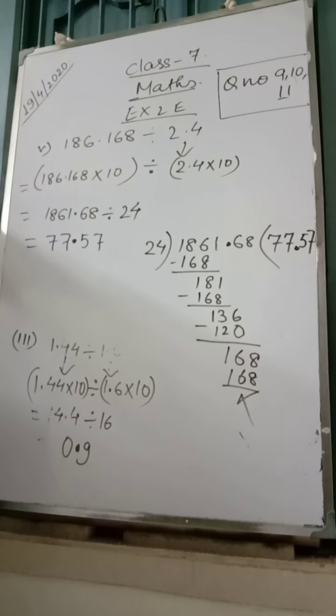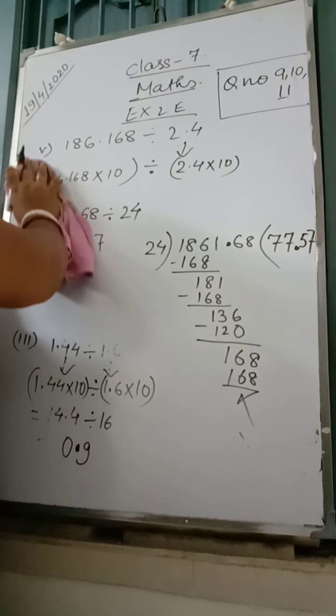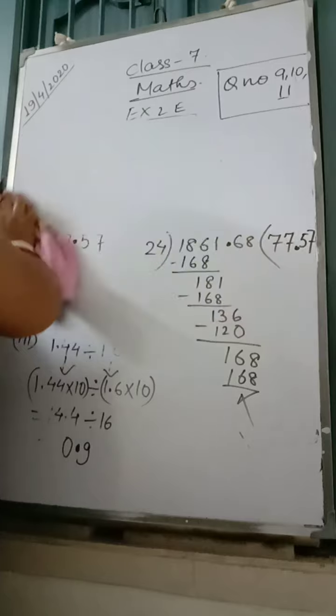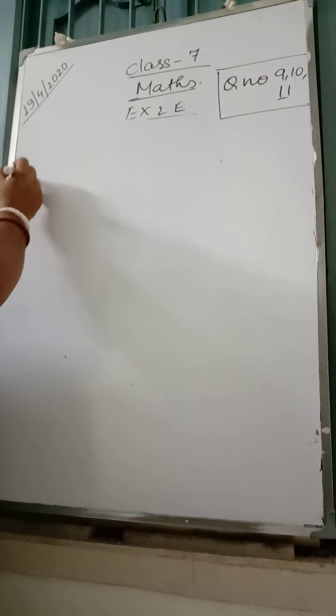Now look at 12. An athlete can jog 5.15 kilometers in 1 hour. What distance will be covered by her in 1 whole 3 by 4 hours? Just see. Question number 12.